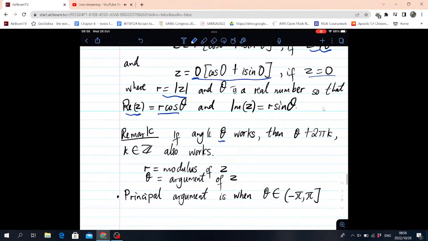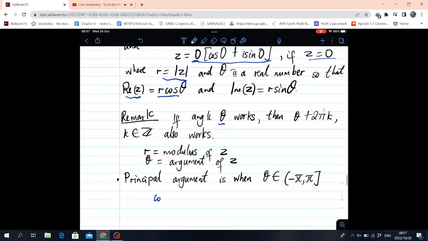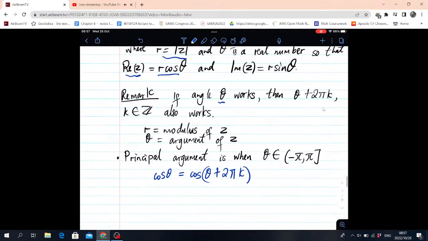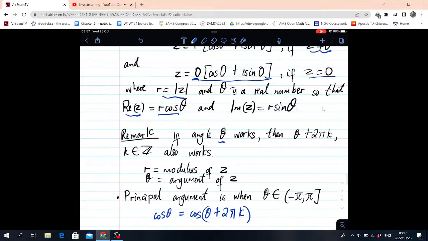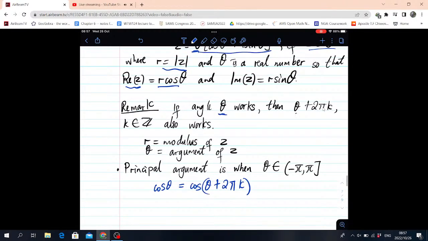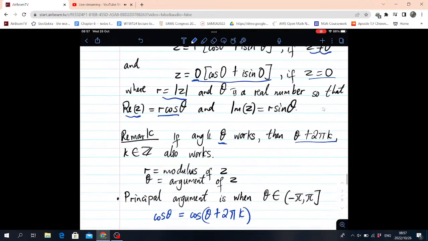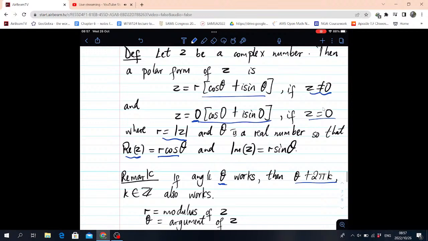And we know from previous theory, I think in 114, that cos theta is equal to cos of theta plus 2 pi k for some integer k, right? So in other words, if theta works, theta plus 2 pi k, where k is an integer, is also going to work in this scenario here, right?